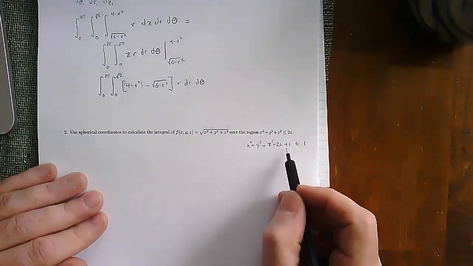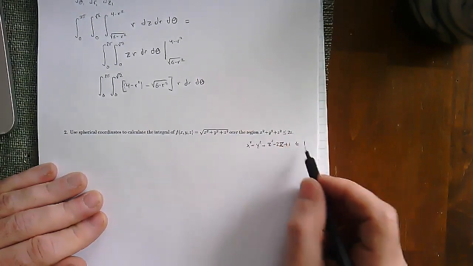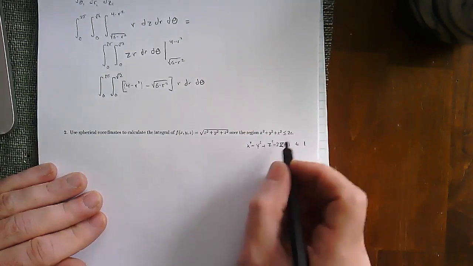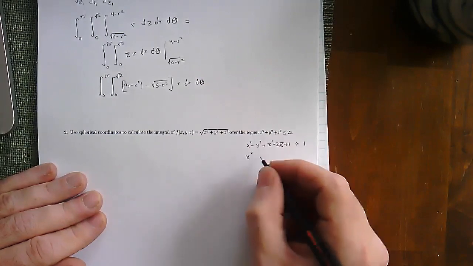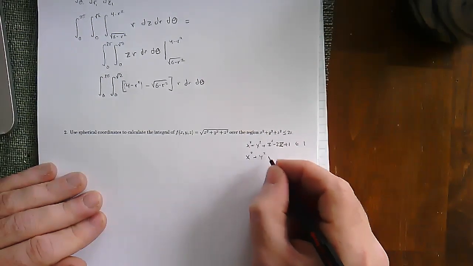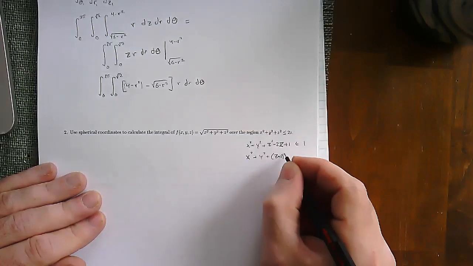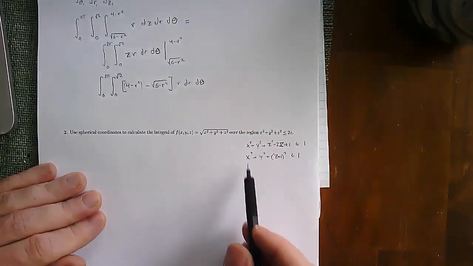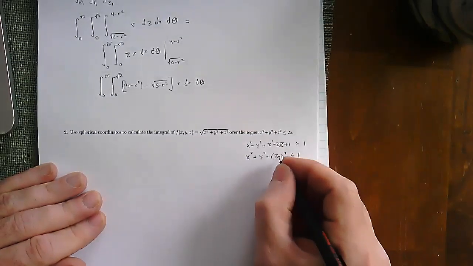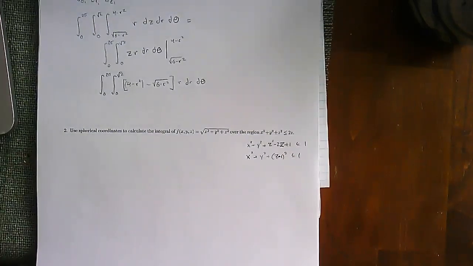All I did there is I subtracted the 2z, actually write z, not x, from both sides, and then I added 1 to complete the square for z. So this is the interior of a sphere: x squared plus y squared plus the quantity z minus 1 squared is less than or equal to 1. So that's a unit sphere centered at 0, 0, 1. And since it's an inequality, it would be on the interior of that sphere.